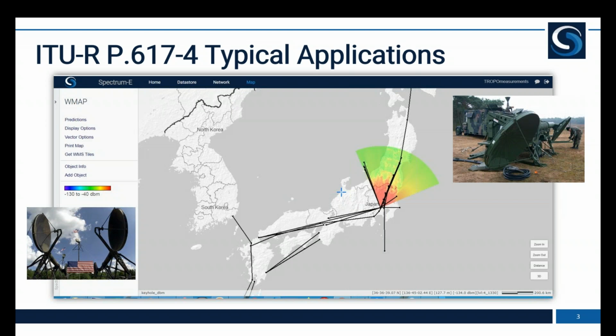For those that are just getting into tropolinks and may not be familiar with their topology or typical applications, I'm going to start out with this part. So basically, tropolinks are mostly used by military entities where they have a need to deploy long distance communication links.